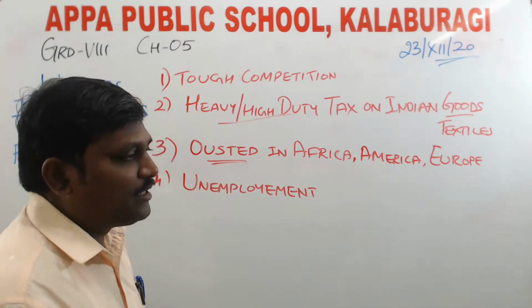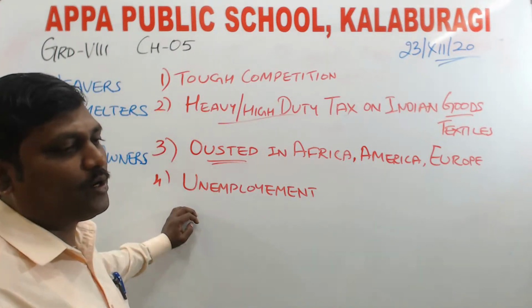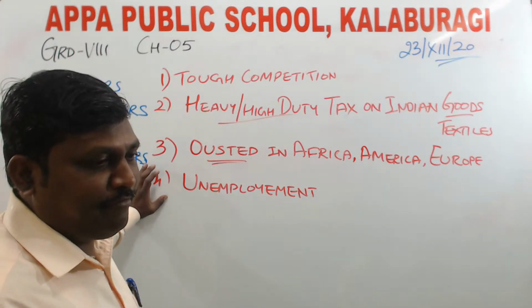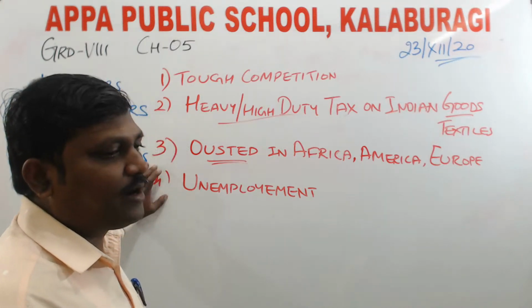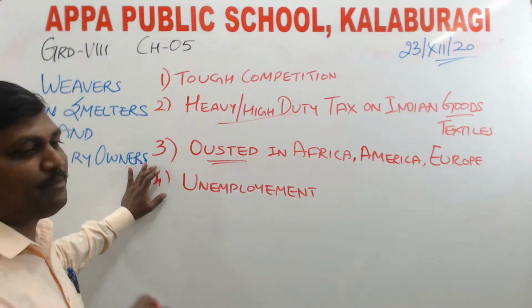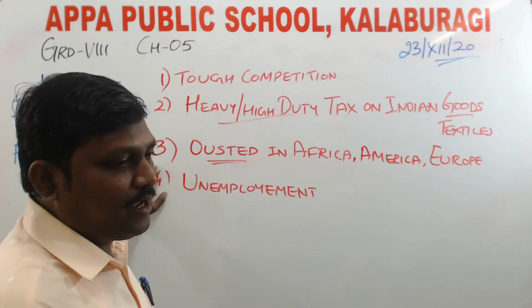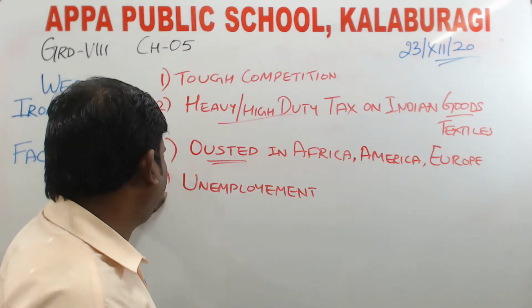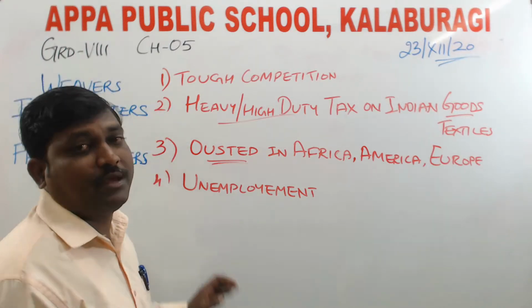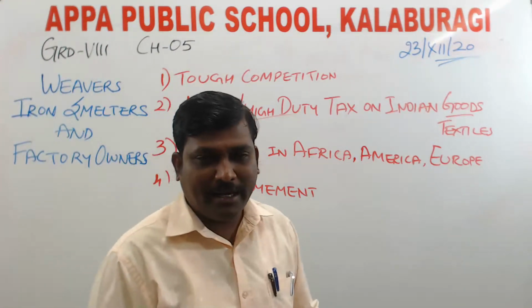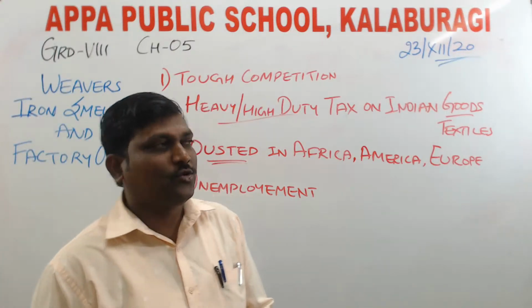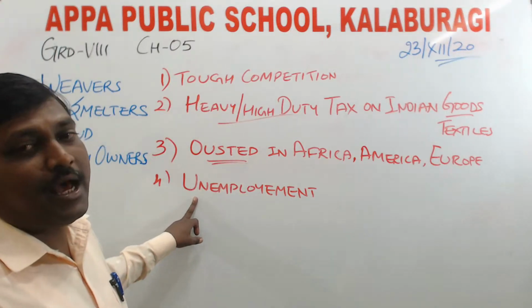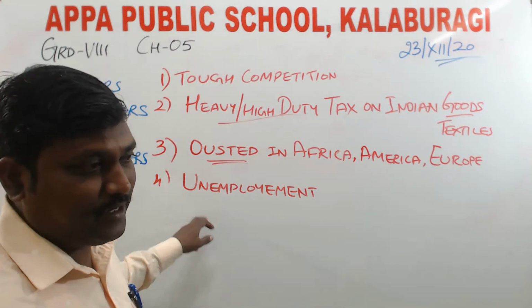As a result, the families totally involved in weaving had a big impact, because they were not getting any orders to supply, nor any advances from the agents who used to give them advances to prepare the cloth and ship it to England. So this was also one of the reasons unemployment increased in India.